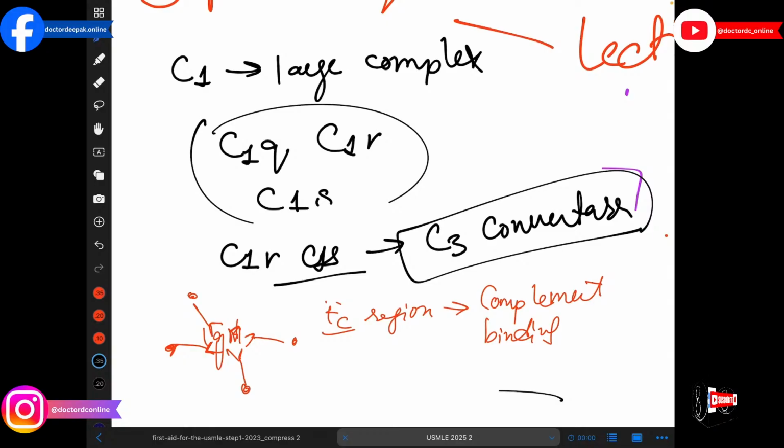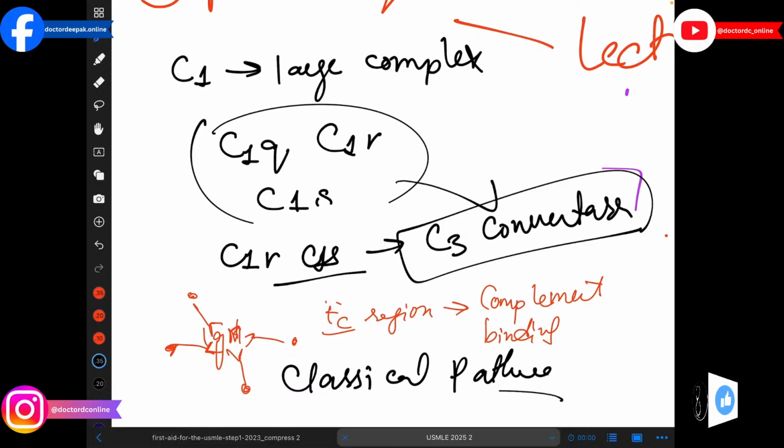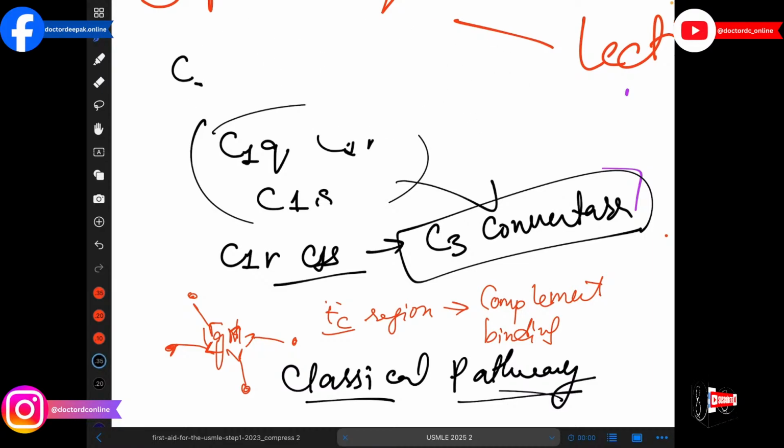In which pathway is this happening? It is happening in the classical pathway, the classical pathway for the activation of the complement system, in which we use antibody antigen complexes. Understand?